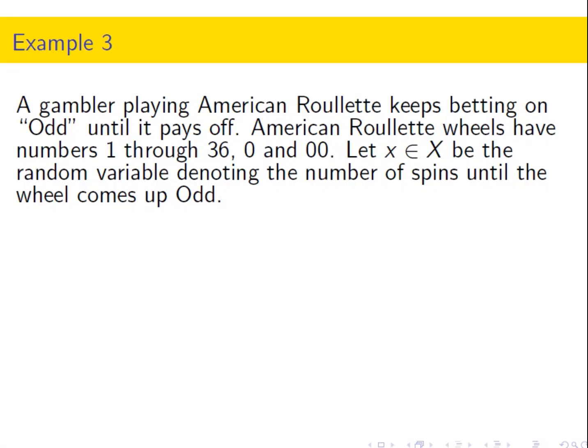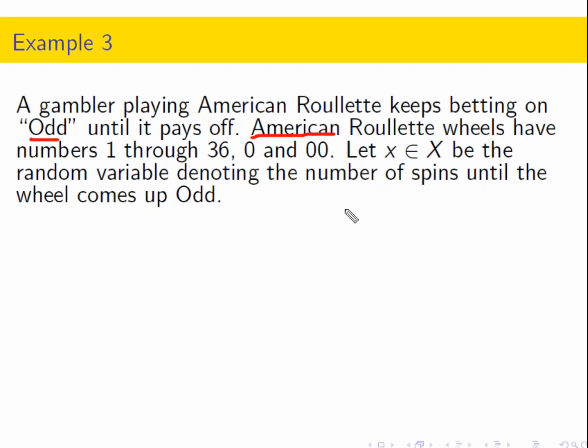Okay, so now we have a situation where a gambler is going to keep betting on odd until it pays off, playing roulette. And it's important to know whether it's American roulette or South American roulette. American and European roulette wheels are slightly different than South American.